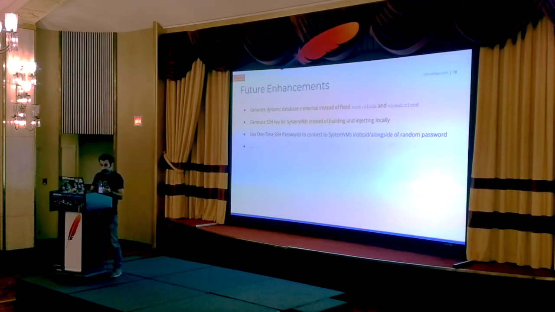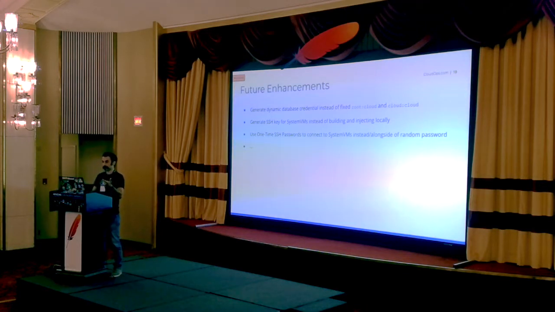Another good point could be that we can use OTP, a one-time password, for one-time SSH access for connecting to system VMs. Right now, the only thing we can do is make the password of the system VMs randomized, to make them more secure.